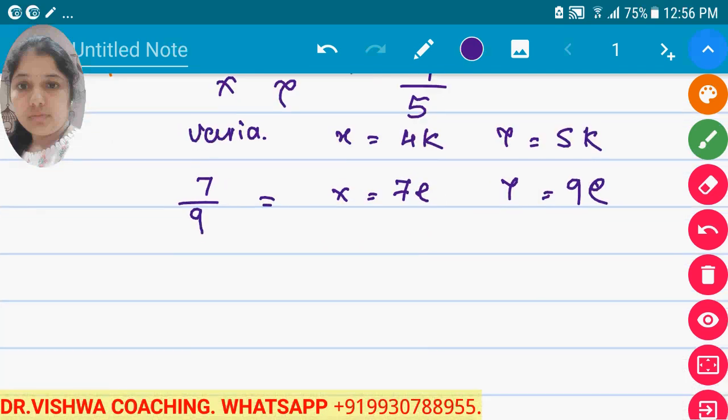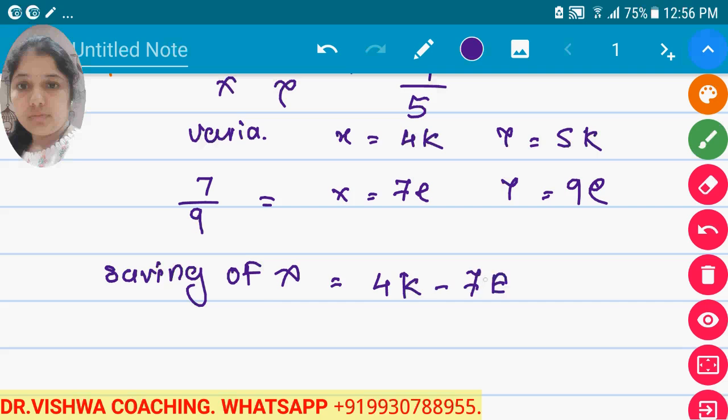Now see, income minus expenditure gives us the saving. So saving of X is 4k minus 7e is equal to 100, and saving of Y is 5k minus 9e is equal to 100, because both save $100.